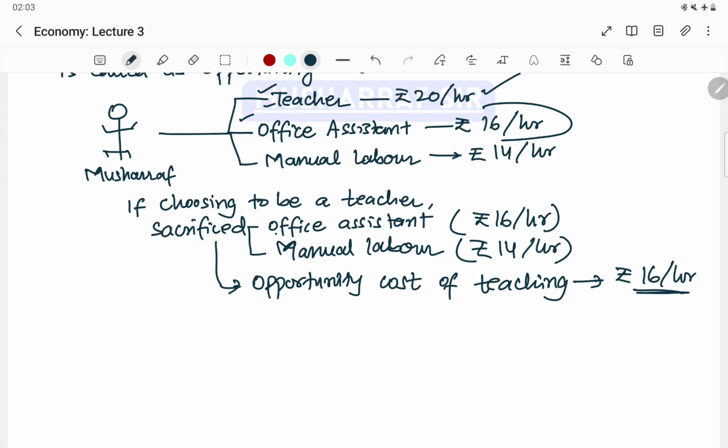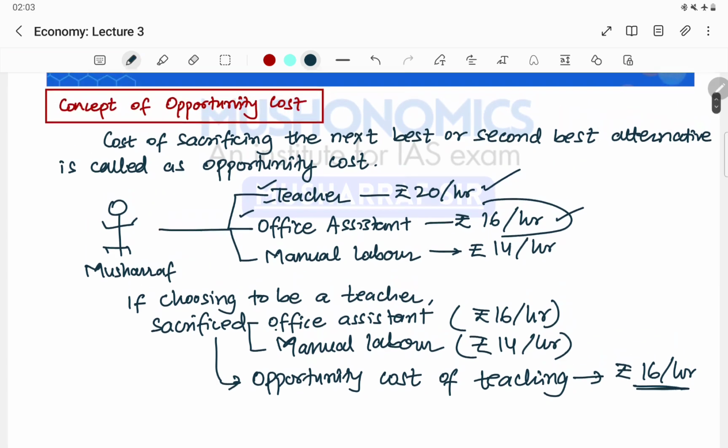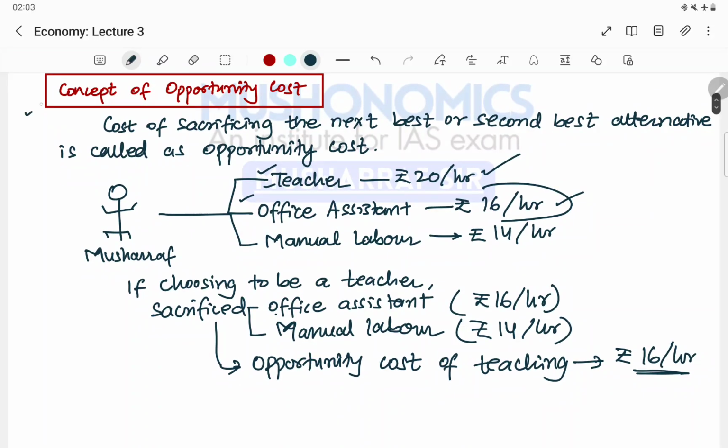At 16 rupees per hour, he will be indifferent. Indifferent means maybe he will remain in teaching, or he will work as an office assistant. But if teaching is paying anything below rupees 16 per hour, then he will choose office assistant. So this is the utility of understanding this concept, opportunity cost.